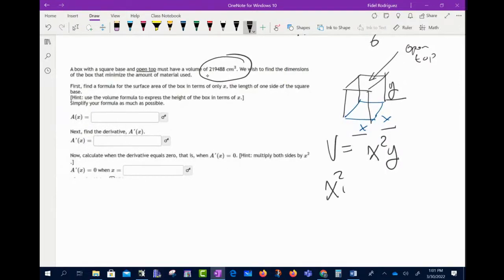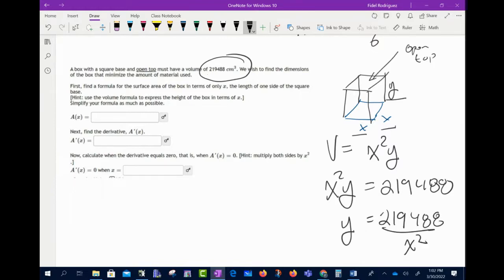So that means the volume, x squared y, is supposed to be equal to 219,488. What I'd like for us to do here, y'all, is solve this equation for the letter y, meaning I want to get the letter y by itself. So wouldn't it just be 219,488 over an x squared?